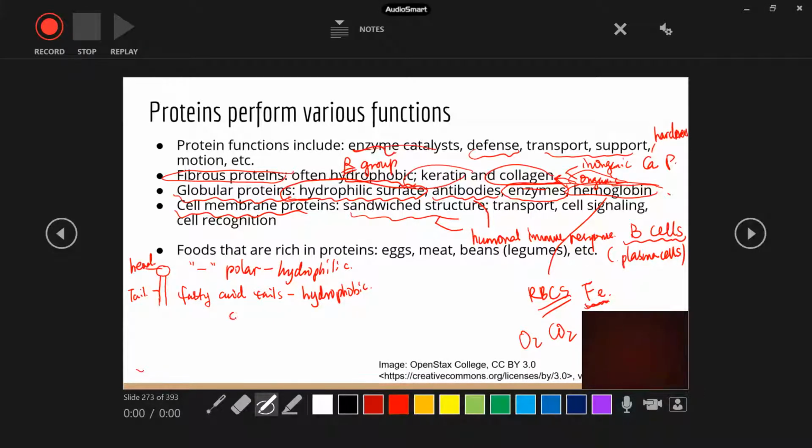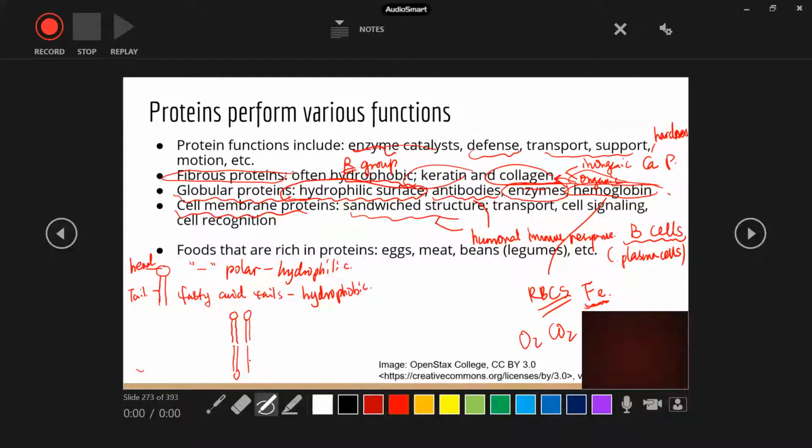So the phosphate head, the polar head, is going to face outward because the phosphate head likes water, right? And just think of the cell membranes as usually being in this watery environment, right? So the phosphate head is going to face outward, and the fatty acid tails are going to be inside. They're going to face inward. And then you're going to have 2 layers of this phospholipid.